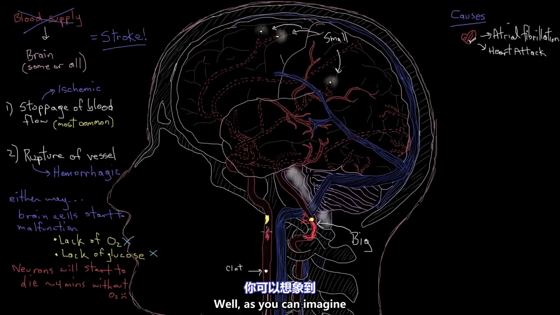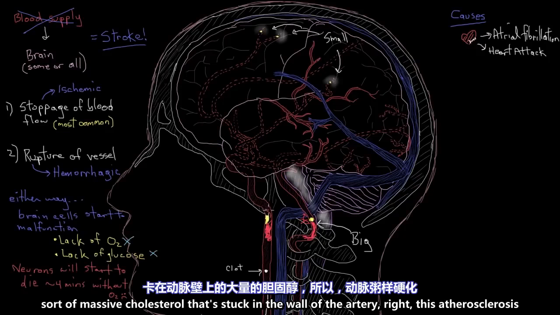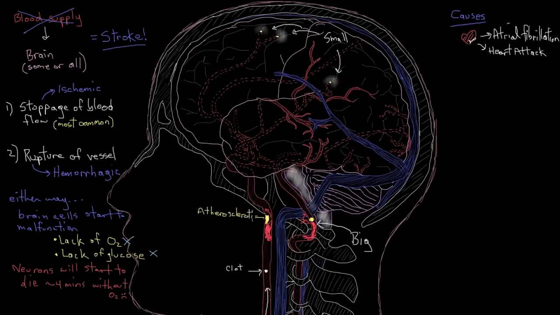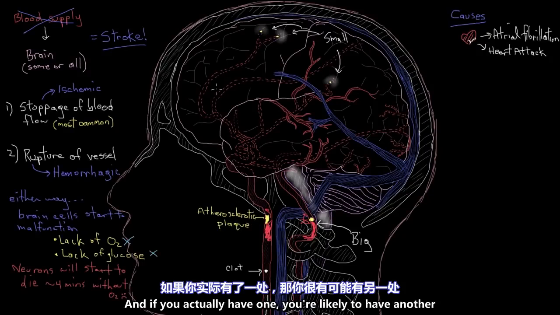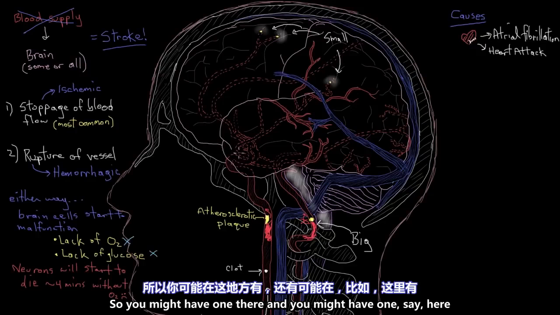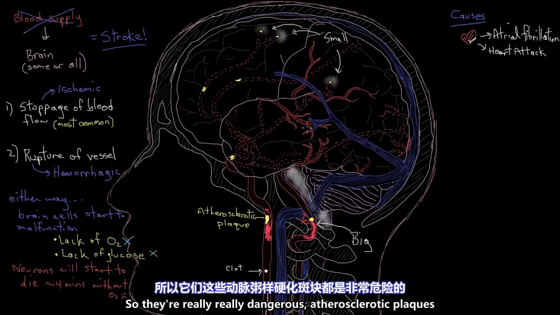Well, as you can imagine, blood is going to have a really, really hard time getting past this mass of cholesterol that's stuck in the wall of the artery, right? This atherosclerosis. And these can happen in multiple places in the brain too. And if you actually have one, you're likely to have another. So you might have one there, and you might have one, say, here. You might have one there. So they're really, really dangerous atherosclerotic plaques.